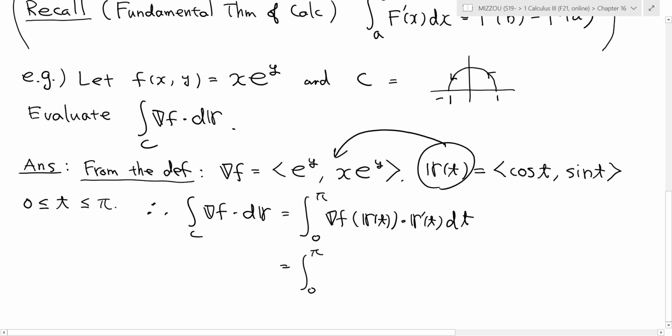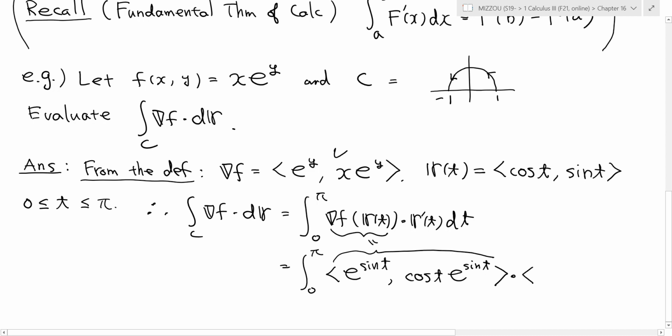In this case, it's written as something crazy: e to the power of sine t, and cosine t e to the power of sine t. Then dot the derivative of r of t, that's negative sine t and cosine t, dt.